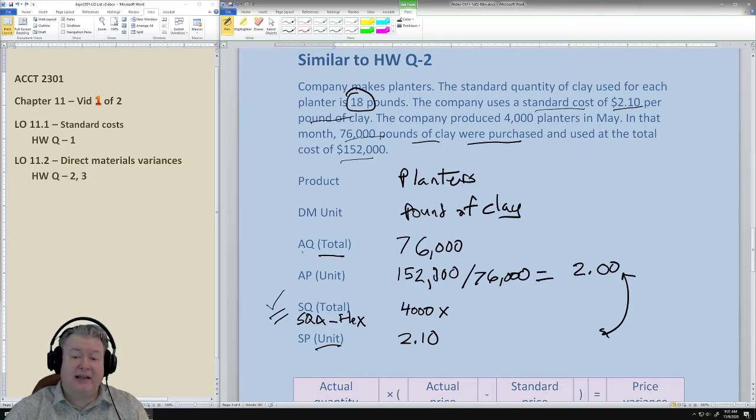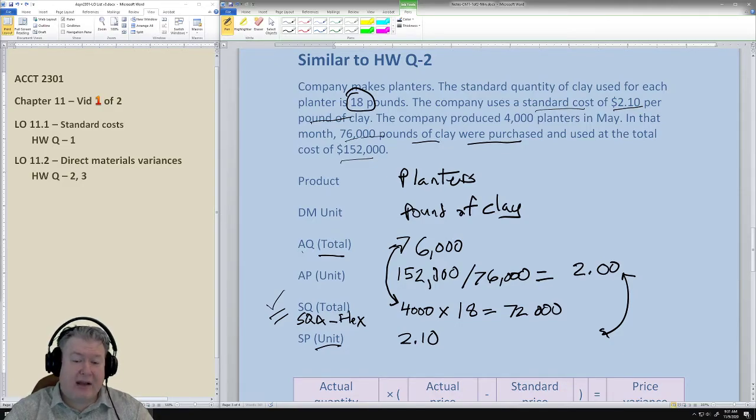I don't know how much I actually did, but that's what I plan on. I would say 4,000 times 18, and that comes out to 72,000. And once again, just like I compared the $2 versus the $2.10, I can compare the 76,000 versus the 72,000 and say, okay, those are on the same magnitude.